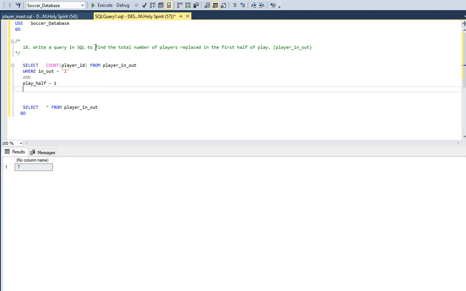We have to understand the question. When we understand the question, the answer is so simple. Anyway, as I said, there are 3 types of questions we are doing. The first one is simple queries. There are no joins in it, there are no subqueries in it.